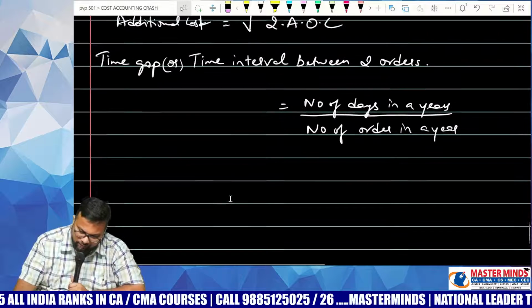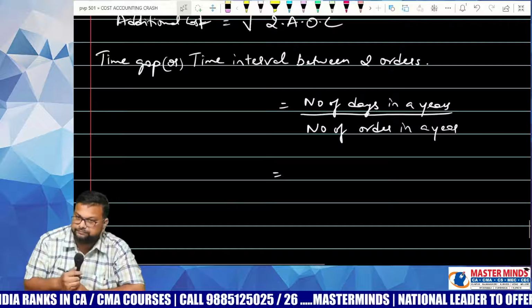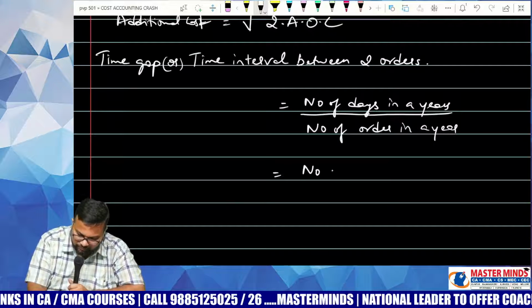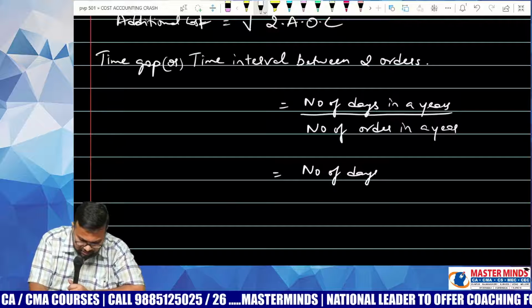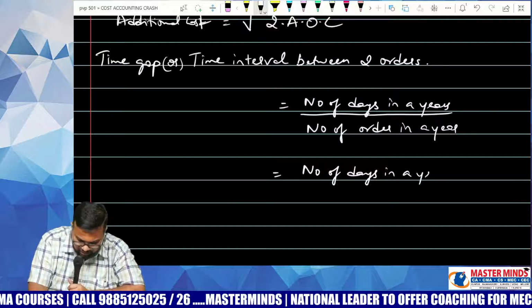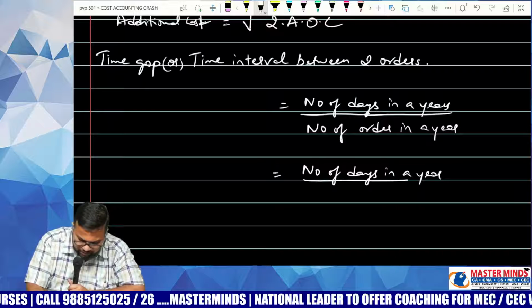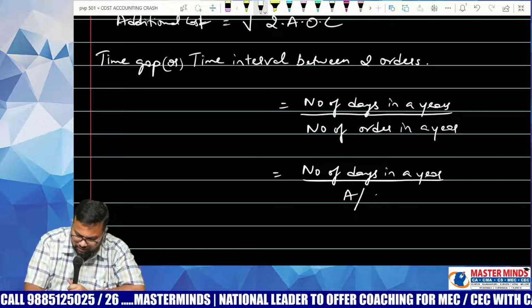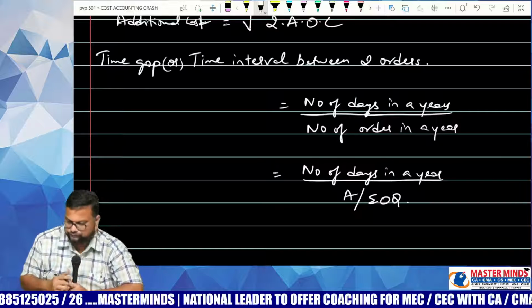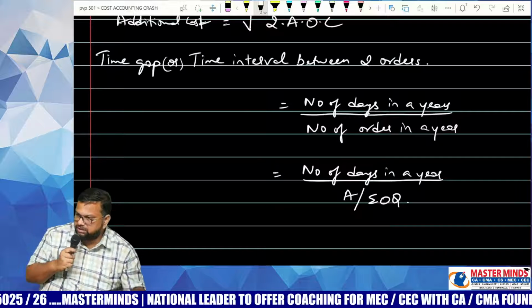Now how will you get the number of orders in a year? That is nothing but A by EOQ.